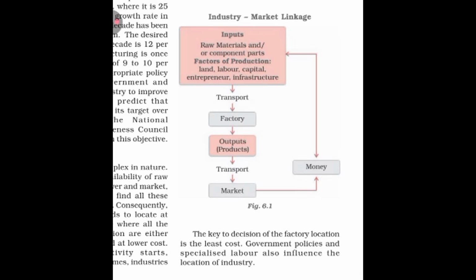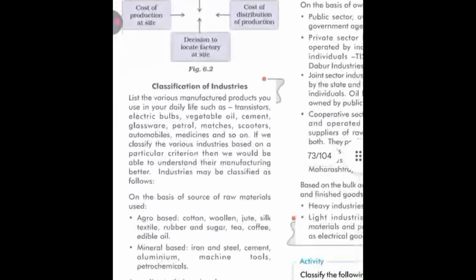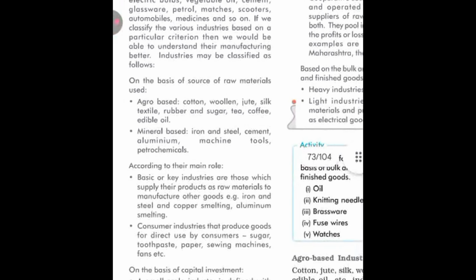Now, if your industry is source of raw material based, if your industry is agro based, then how are you going to locate your industry? See, tea industry, because the moment the tea leaves are harvested, the drying process starts, or sugar cane.